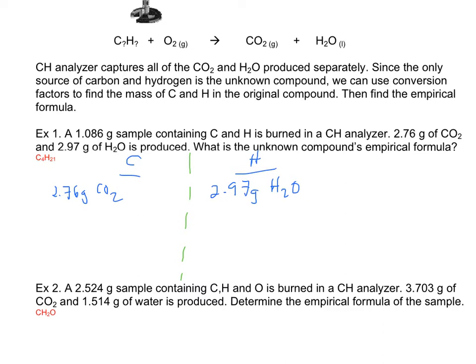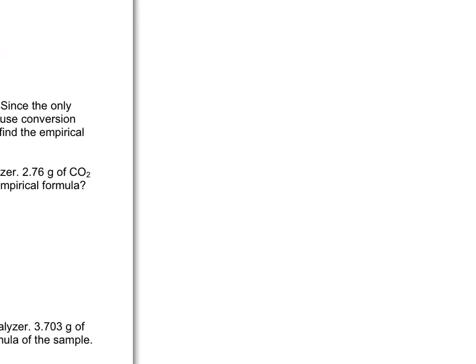The method that I like to use is by using the percent composition of carbon in CO2. Let's review how we would calculate that. What I would do is I would use the mass percent equation. The mass of the part divided by the whole times 100.